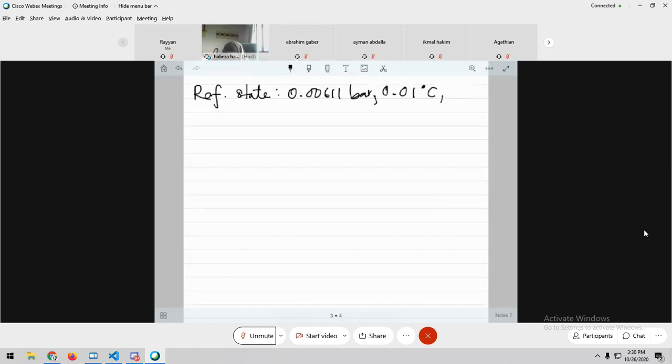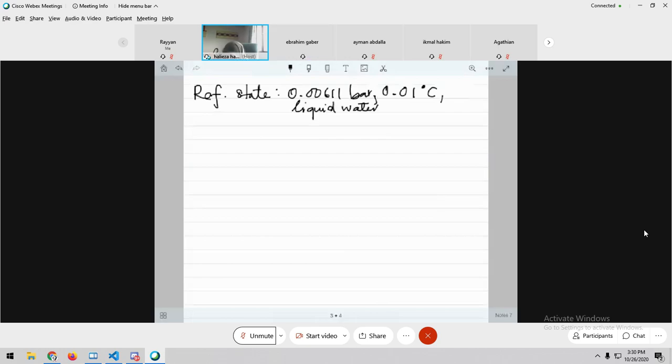What is the state? Liquid water. Have a look. When it is at that temperature and pressure, the enthalpy of the liquid water should be 0.